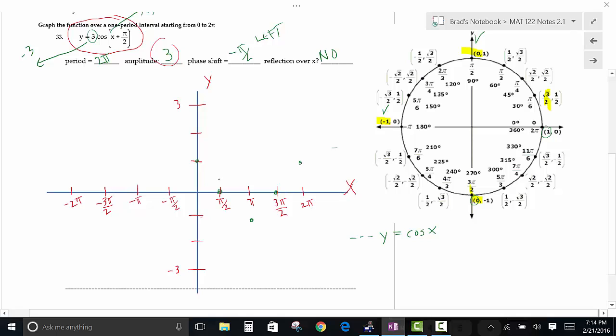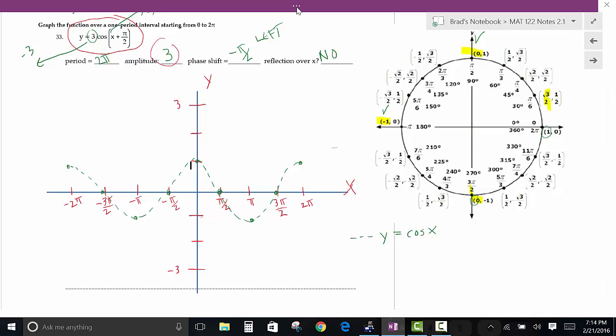And so forth. And like I said, the faster you get this memorized, the faster you can do these graphs. So I'm just going to follow the pattern and get this basic cosine wave put together like this. Okay, so that'll take care of that.